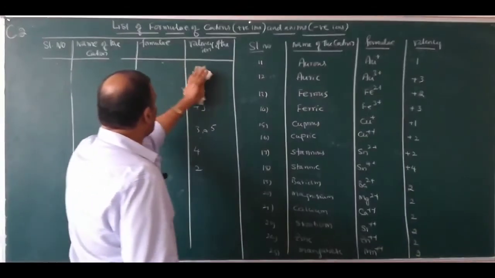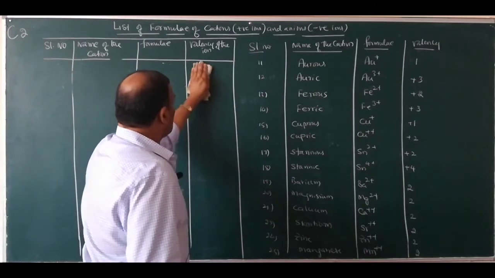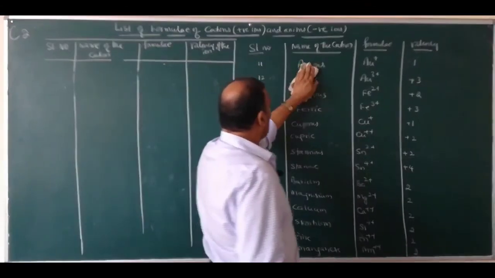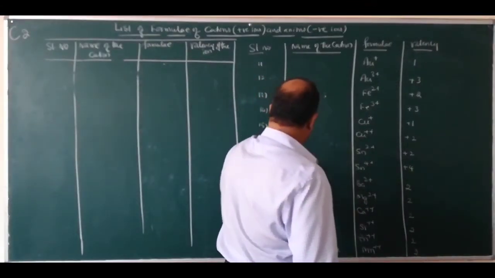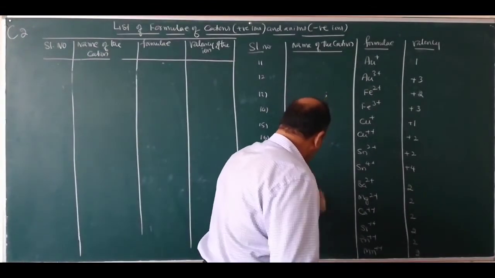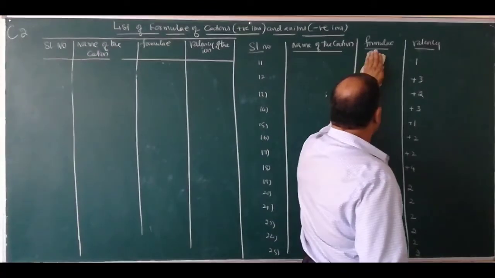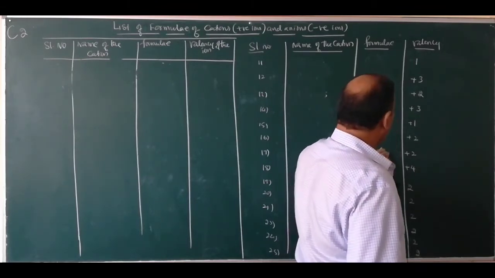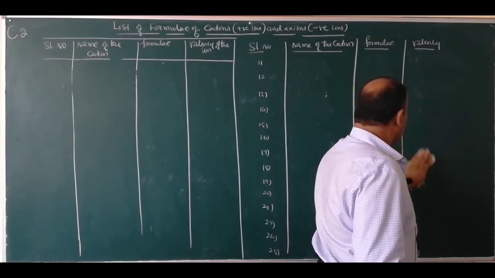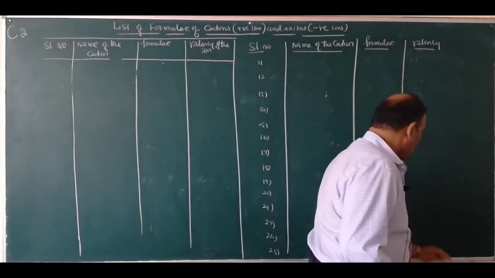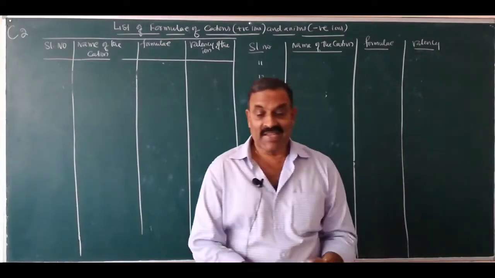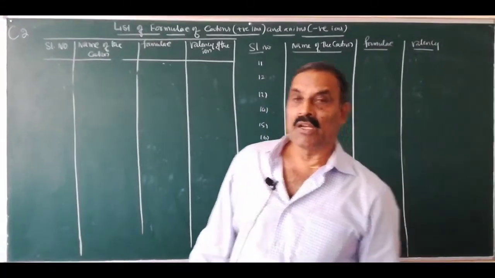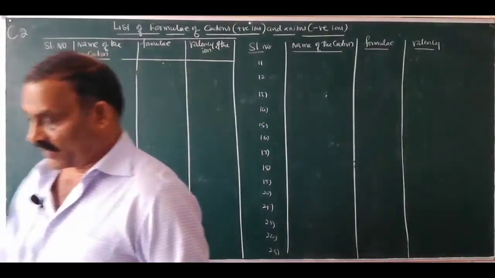Now I will give you some formulae of anions. If you know the cation and the anion and the charge carried by both, we can easily write the formula of the compound formed.